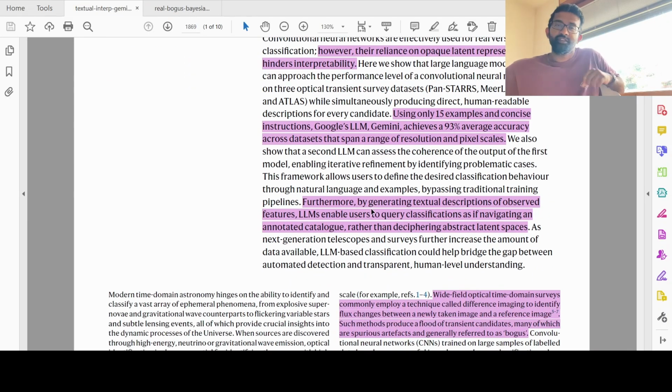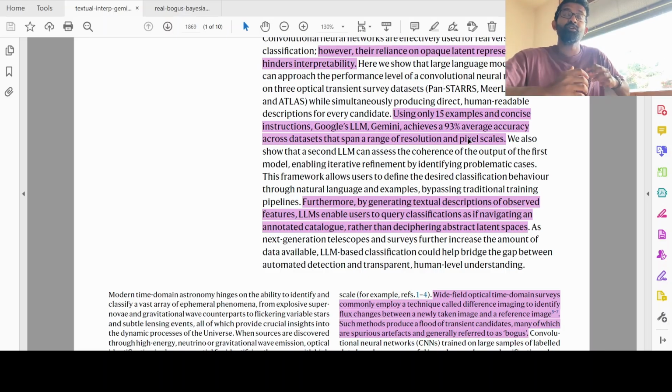So here comes the result, which is really, really cool. Look at this. Only 15 examples and concise instructions. Google's LLM, Gemini, achieves 93% accuracy across datasets that span a range of resolutions and pixel scales. That is insane. So just to give you a brief idea of what they have actually done, they gave 15 examples to Google's LLM Gemini.